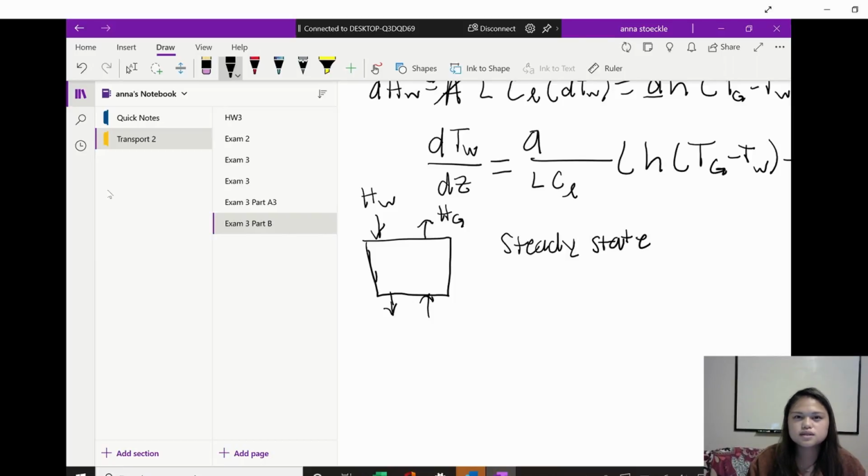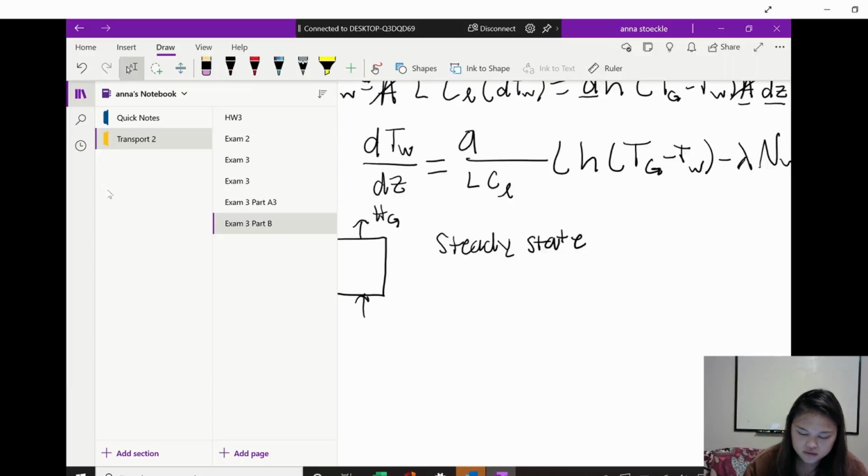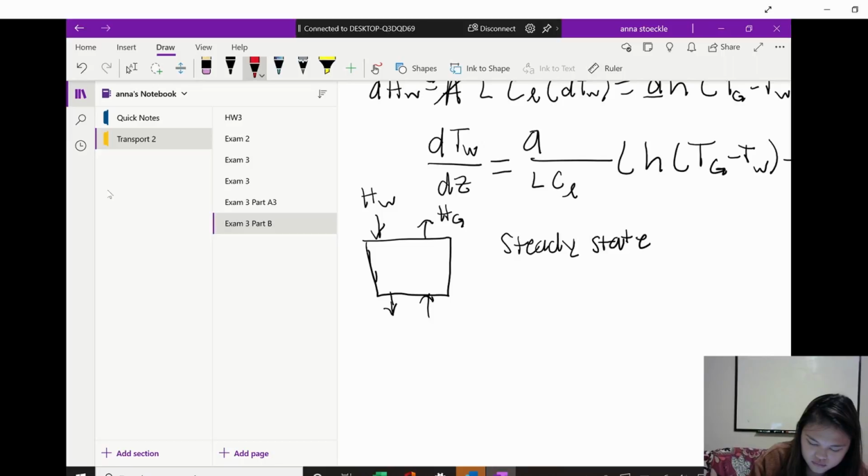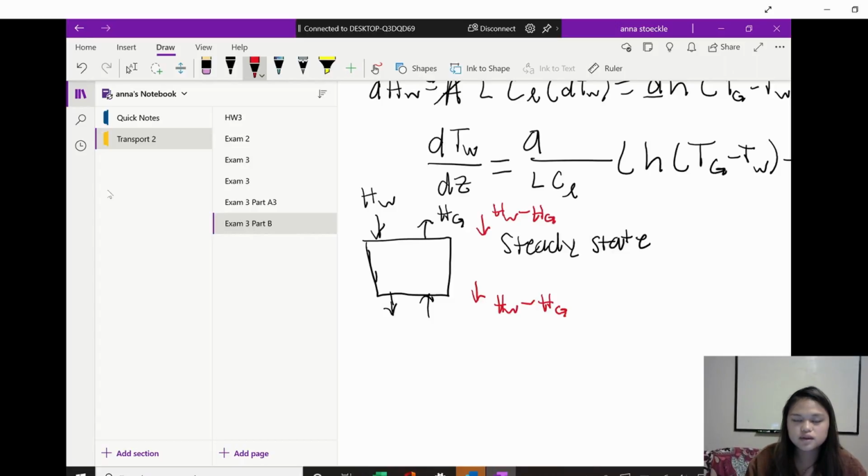So the question is, what's that net enthalpy going down? Well, the net enthalpy going down is going to be that HW, the enthalpy of water, minus the enthalpy of the gas. And that's going to be the same coming in and out of this region of the column. The net enthalpy going in and out must be the same because it is at steady state.